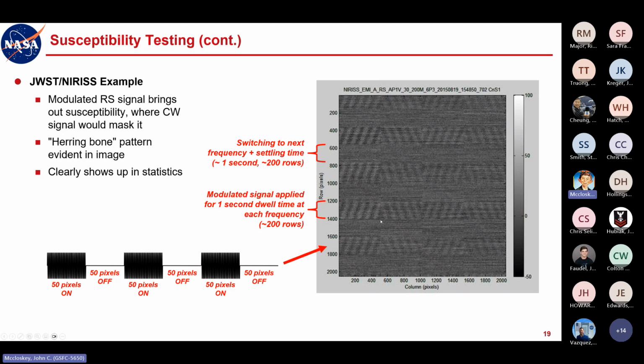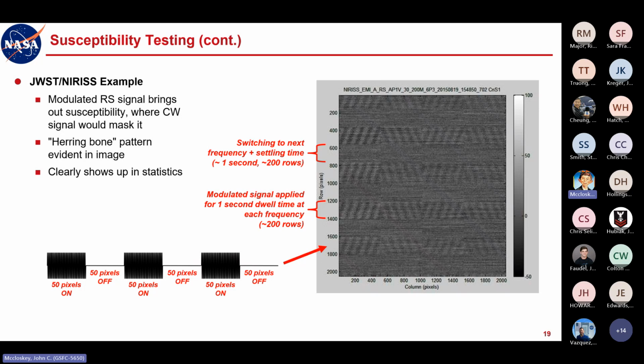So if you've ever looked at any of these kinds of images from a detector system or imaging system, you'll see what's commonly known as this herringbone pattern. Okay, where you've got, I believe, the darker images where the perturbing signal is applied. So the 50 pixels on, and then the 50 pixels off is this lighter color, which has to be what it is, because it's consistent with this lighter color where you're probably switching to the next frequency in the scan.